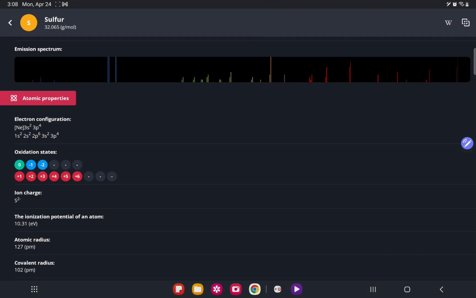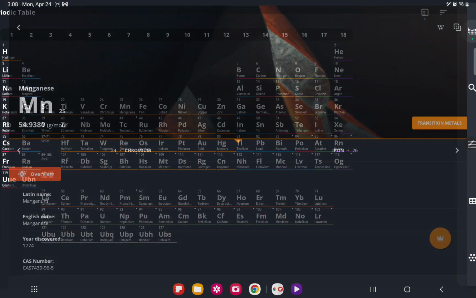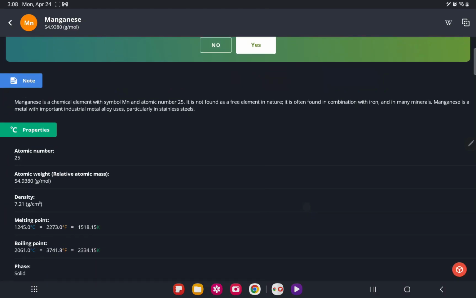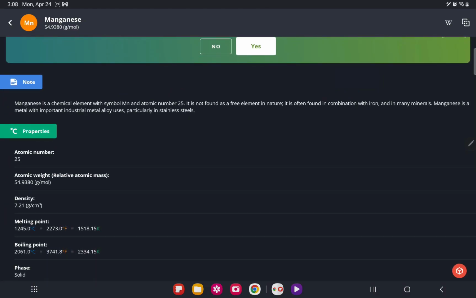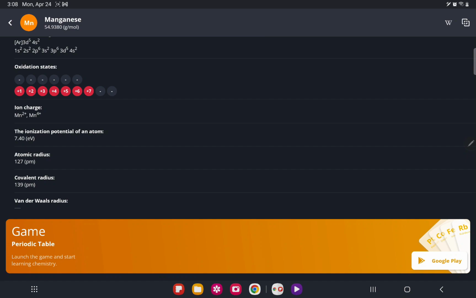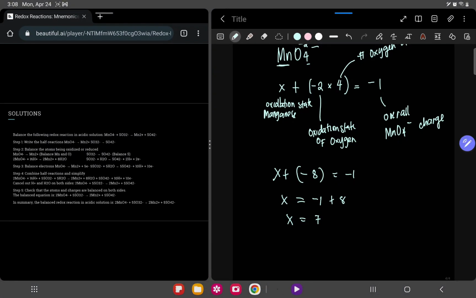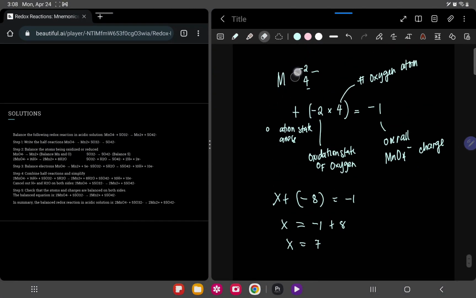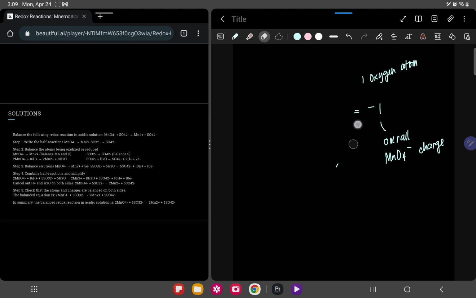If we cross-check it against the oxidation states of manganese, we have positive 7, so that validates our computation. So our manganese value is positive 7.